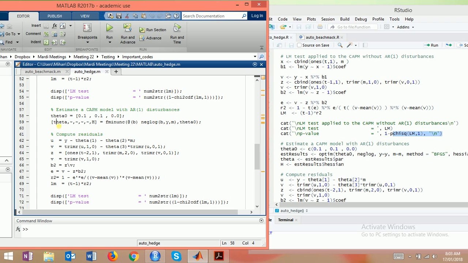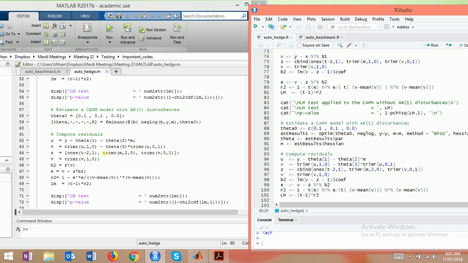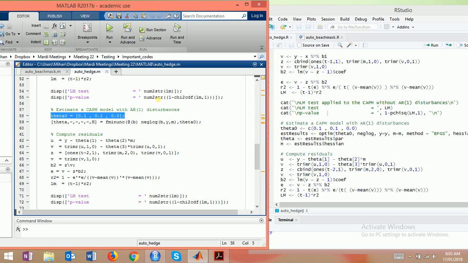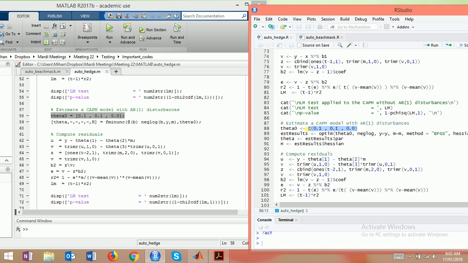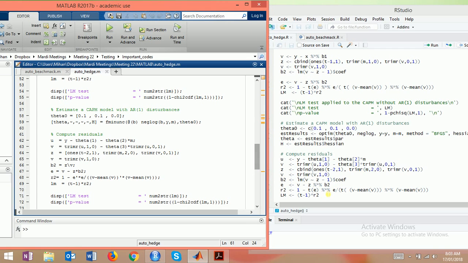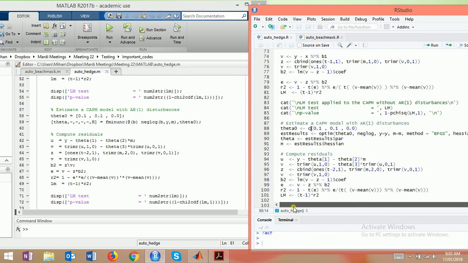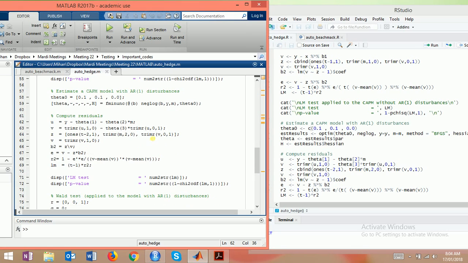AR1 disturbance, so we do maximum likelihood estimation and parameters are estimated, with an initial, we initialize with any random values combined. So this is the tweak, C combine, that's all. We want Hessian too, so Hessian comes up.